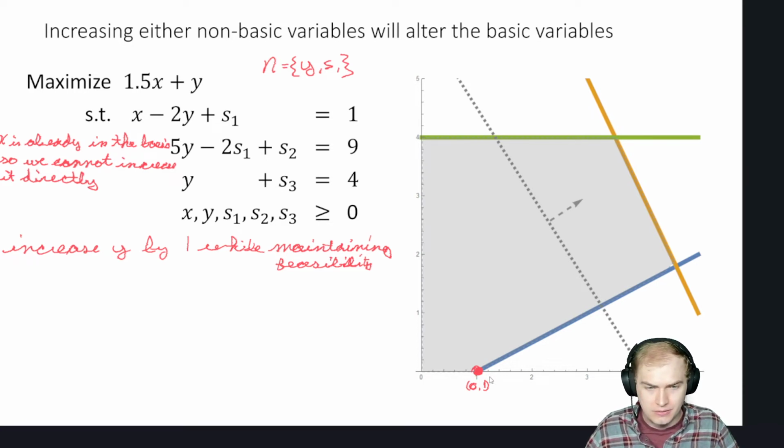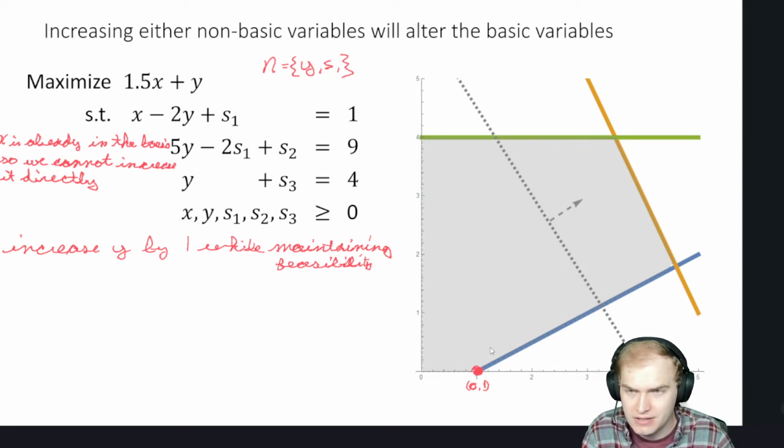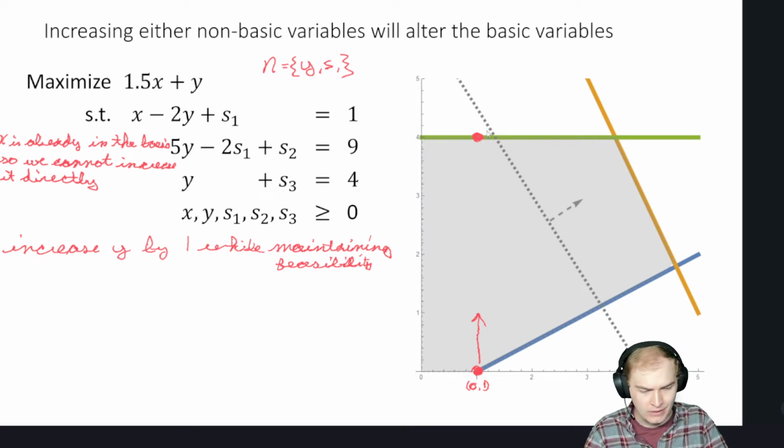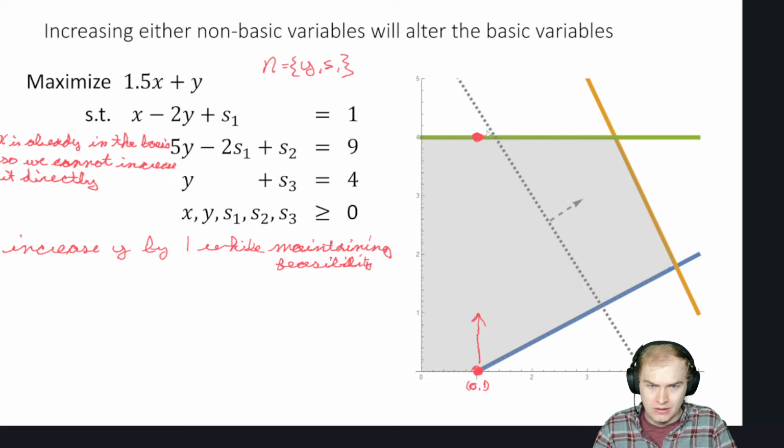And what we want to do, when I say increase y, we could just shoot up off that direction, increase y itself, and not worry about anything but when we hit this edge S3. We could do that, but that would land us at a non-extreme point.